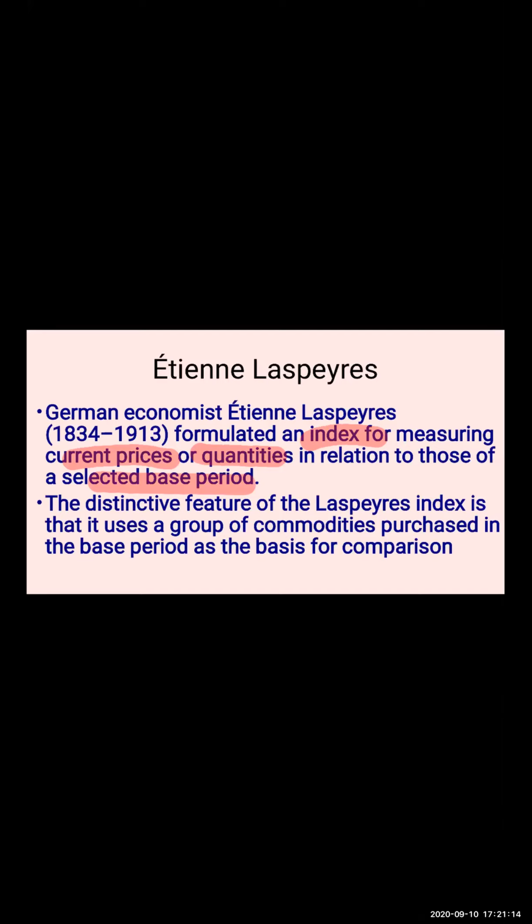The distinctive feature of Laspeyres's index is that it uses a group of commodities purchased in the base period as the basis for comparison. So if we have a group of commodities, suppose commodity A, B, C, D, E, F, G, we are going to compare that particular commodity with its base period.